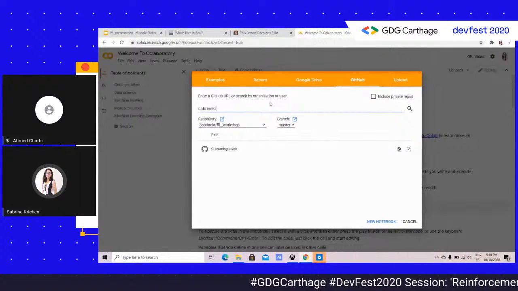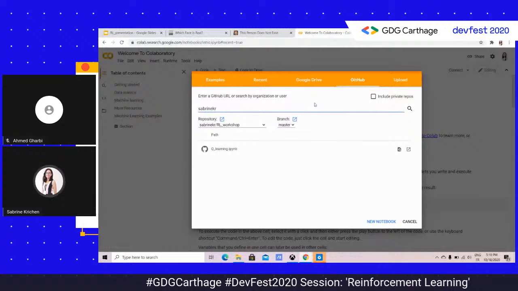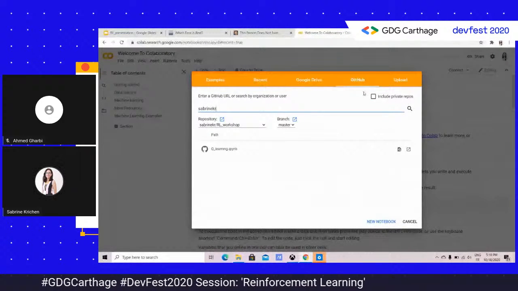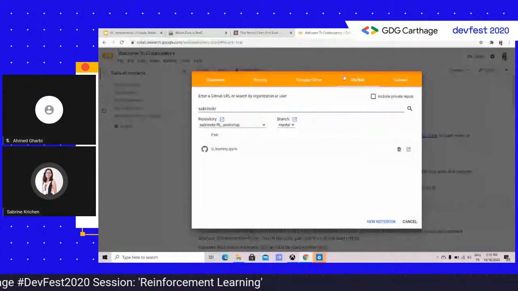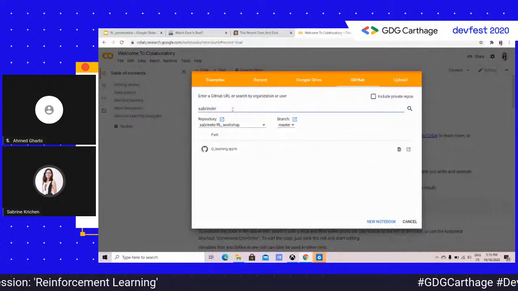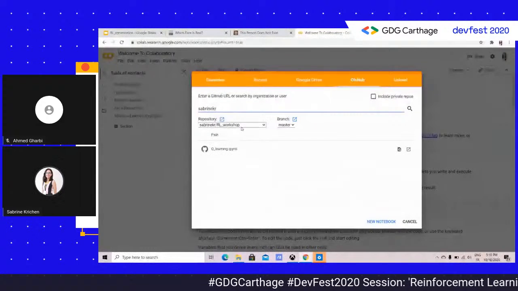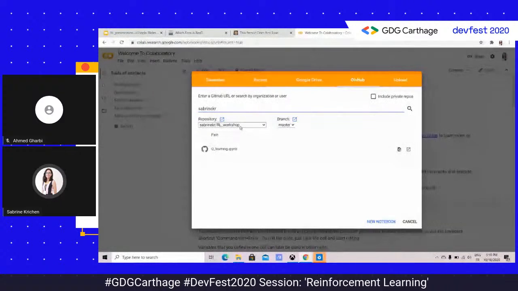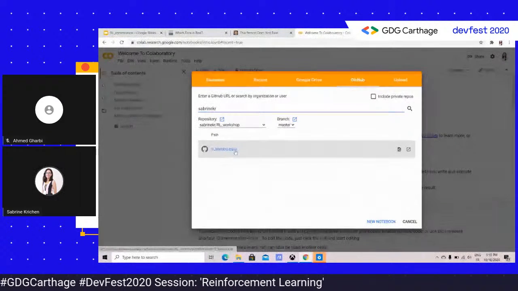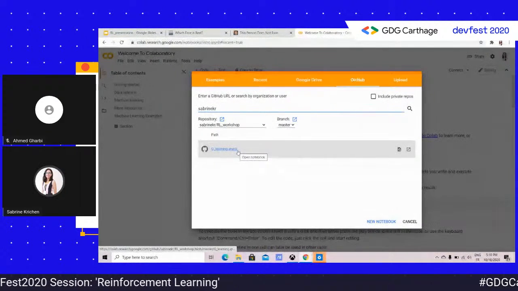So here I am in Google Colab. Here you will go to GitHub. You will enter my username, and then you will use the AL workshop, and you will find here the notebook of the Q-learning.